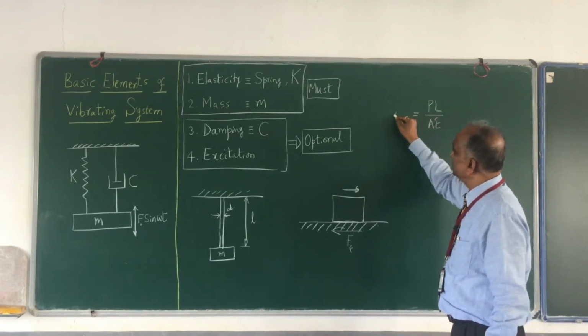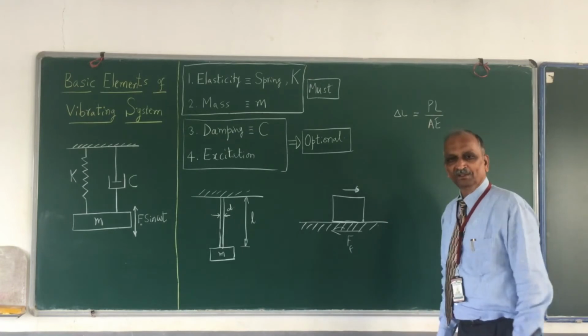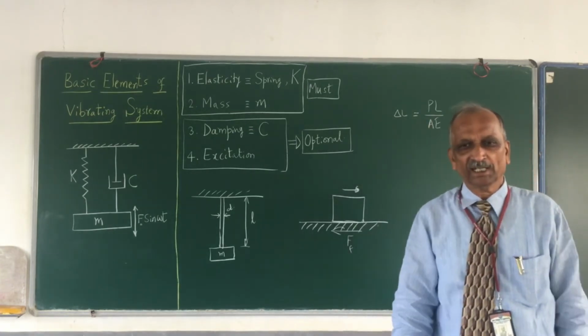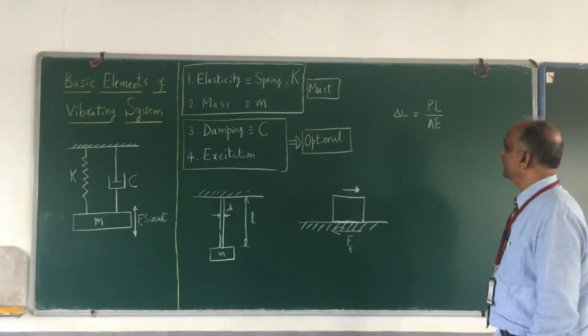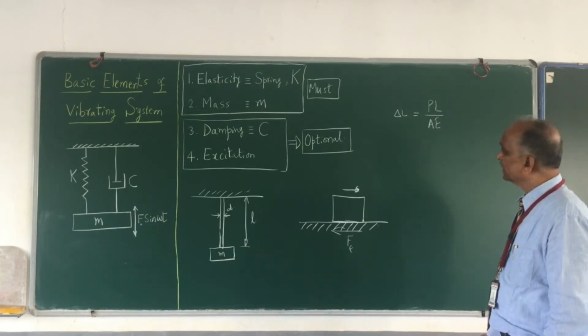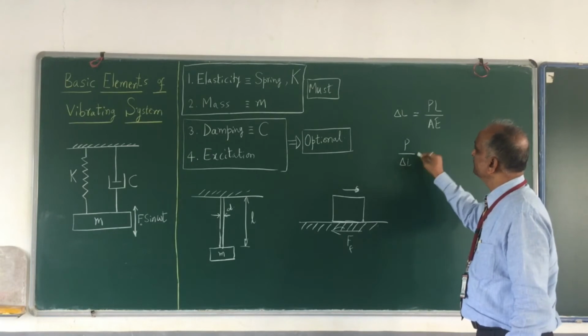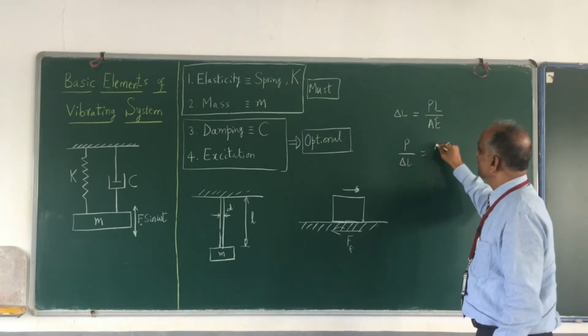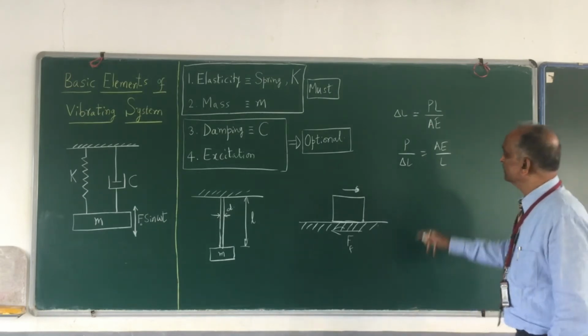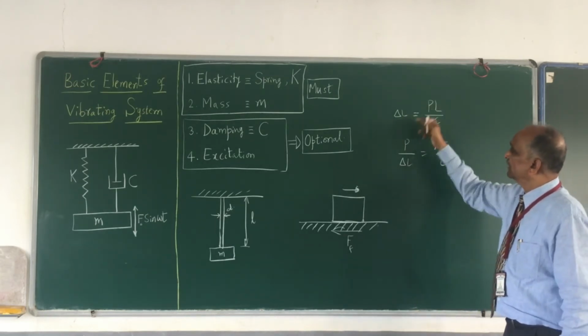This is nothing but the change in the length of the bar, the elongation: delta L is equal to PL by AE. Then if I take P divided by delta L, I shall rewrite this equation as AE upon L.